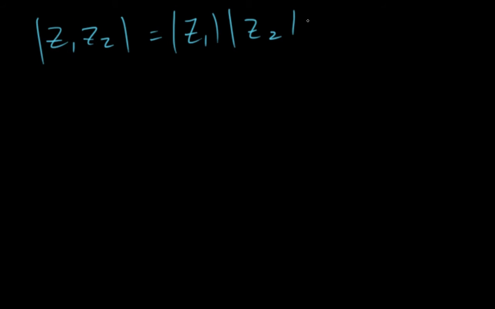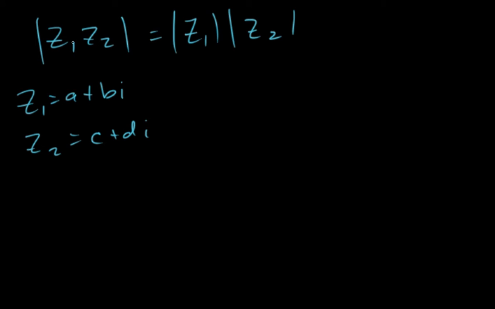Okay, so they want us to prove that this is true for all complex numbers. So z1 we're going to say is a plus bi, z2 is c plus di.